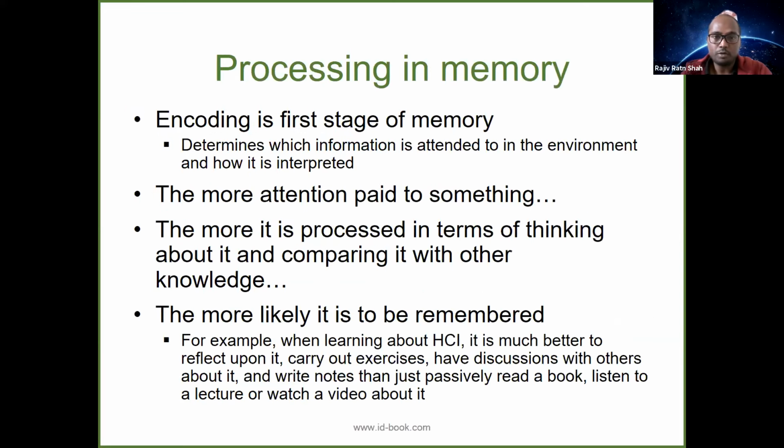As we just said, encoding is the first stage of memory. It determines which information in the environment is attended to and how it is interpreted. The more attention is paid to something, the better. For example, a boy going into a party may pay more attention to a girl he likes as compared to other fellow boys, right?